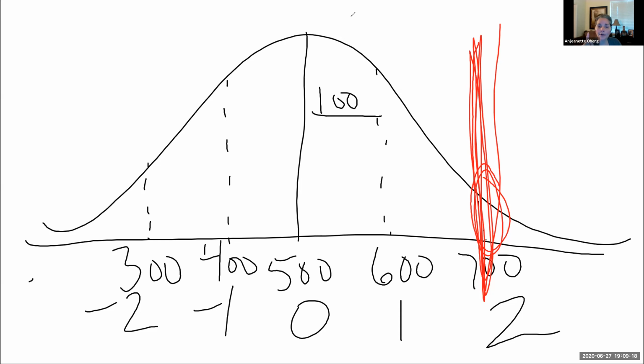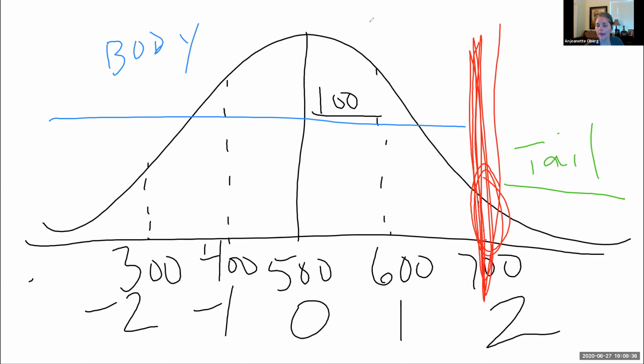Now it's really important to be able to identify what's the body and what's the tail, okay? What we know is the larger portion is the body, and the smaller portion is the tail, okay? So if you shade all of this, it's asking me what percentage is greater than 700.